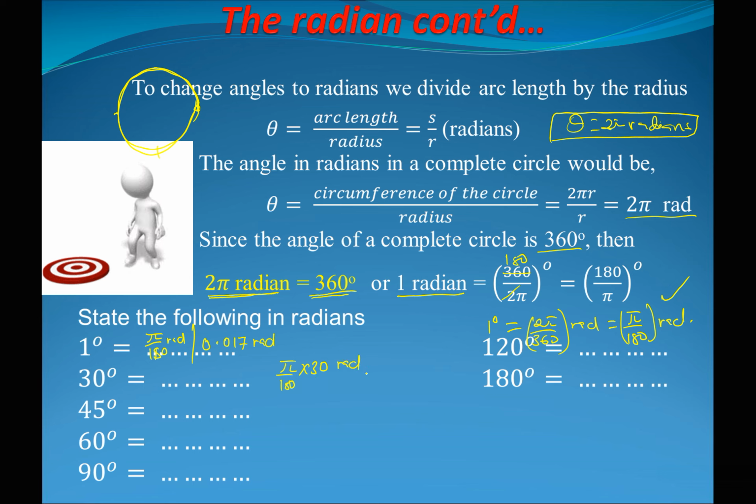So that will be 30 divided by 180. I think that is 1 pi over 6. So this would be pi divided by 6 in radians. This could be 0.52.